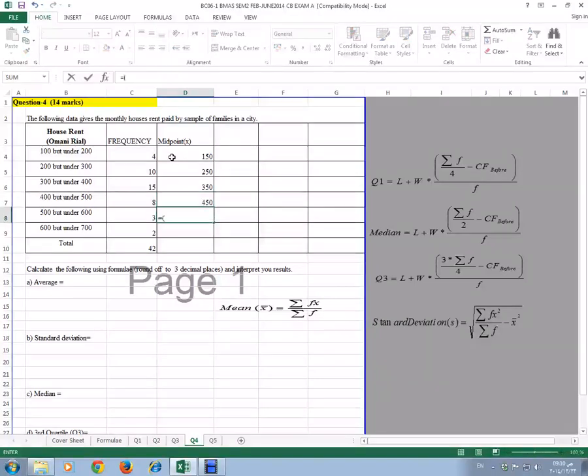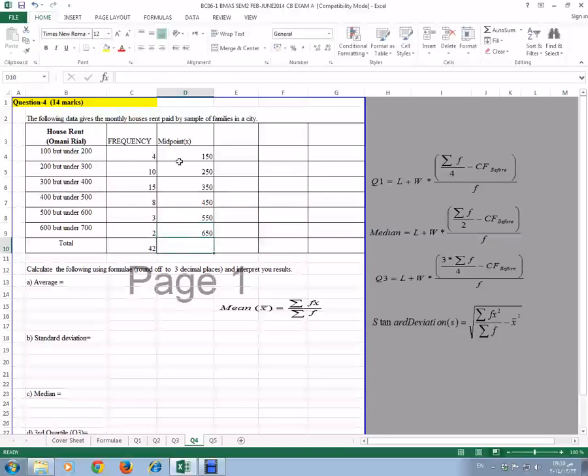Next is 500 plus 600, close the bracket, divide by 2, then 600 plus 700, close the bracket, divide by 2.